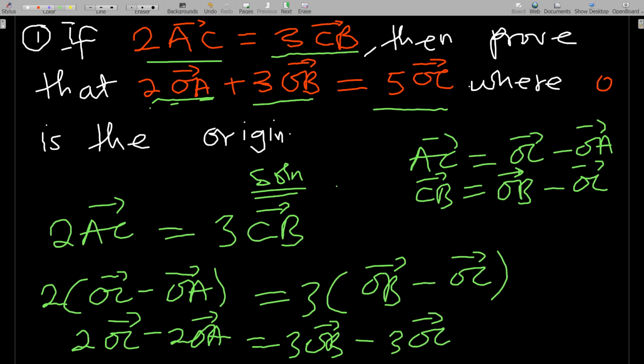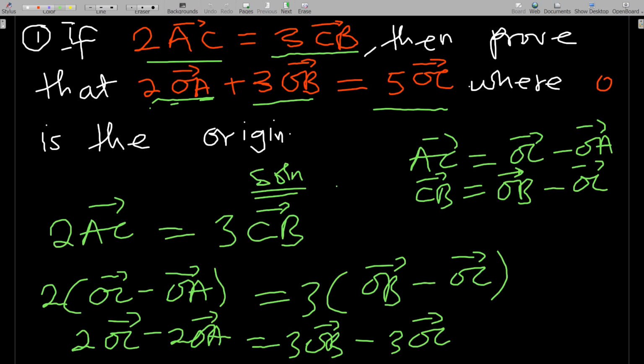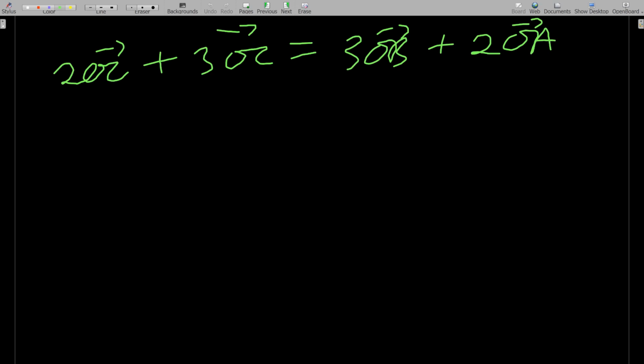So now let's regroup like terms. Let's take the C's to one side and take the OA and OB to the other side. Then we'll have 2OC plus 3OC is equal to 3OB plus 2OA. I just took the OA from the left side to the right side and took the 3OC to the left side of the equation.